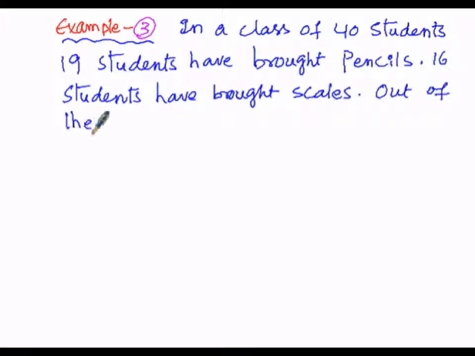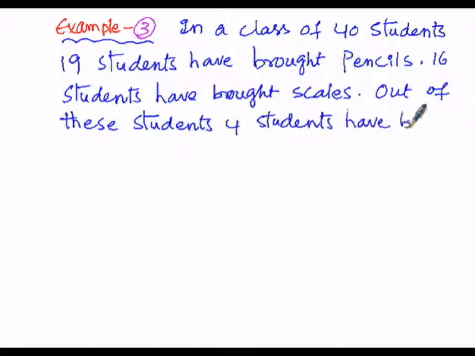Out of these students, 4 students have brought both pencils and scales.